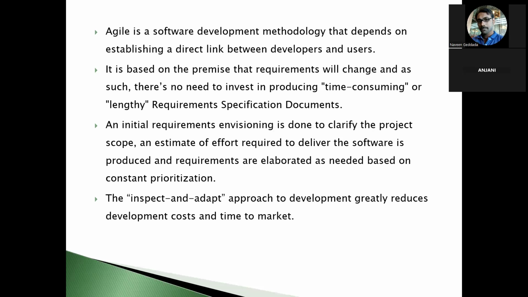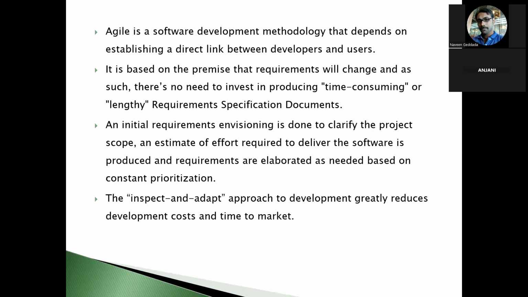all the initial requirements visioning is done to clarify the project scope, the effort required to deliver the software is estimated, and requirements are elaborated as needed based on constant prioritization. Even though we have a list of requirements defined for the project, we will implement certain requirements based on the client's prioritization.